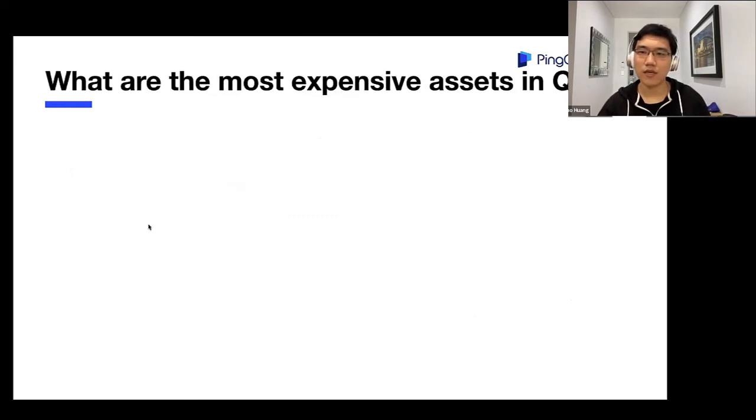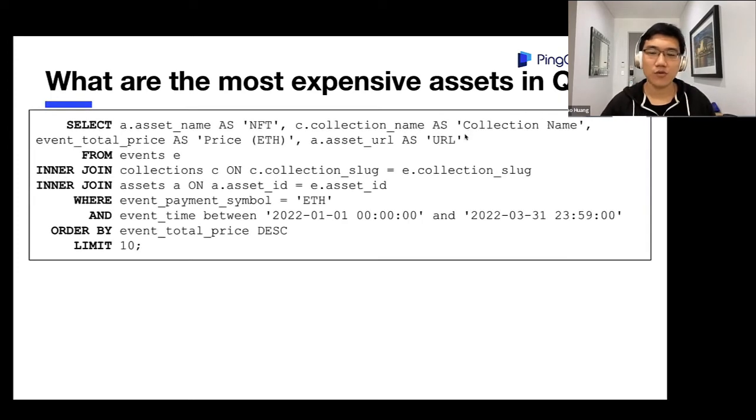For query number 3, it's a bit more complicated. What are the most expensive assets in Q1? You can also think about how to write this query. In this question, I asked about Q1, but the time range can be quite flexible. You can change it to any time range. For this query, we are going to find out the most expensive assets and the collections they belong to.